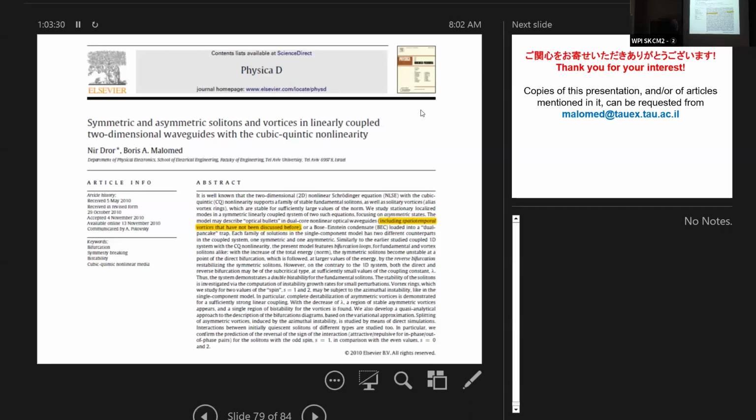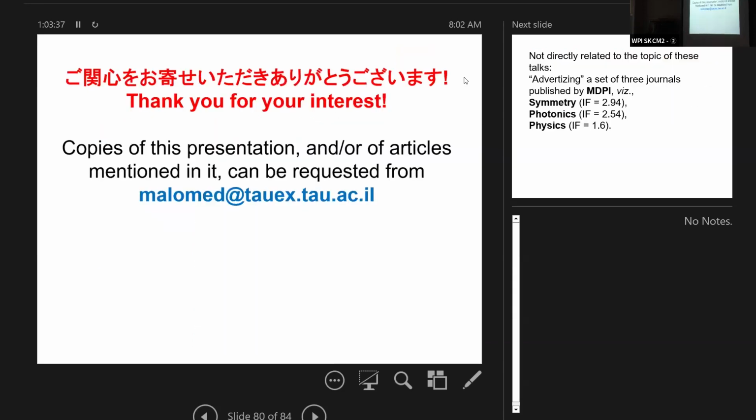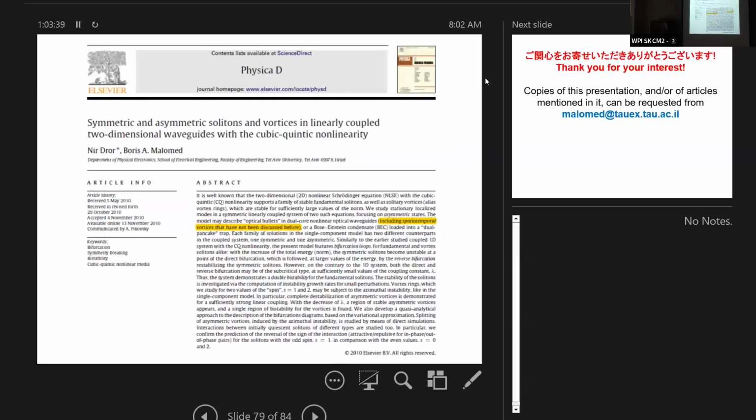These spatio-temporal objects were actually two-dimensional. Actually, one can say that this dimension was not 2, but in a sense 2.5. Why 2.5? It was a dual coplanar waveguide.